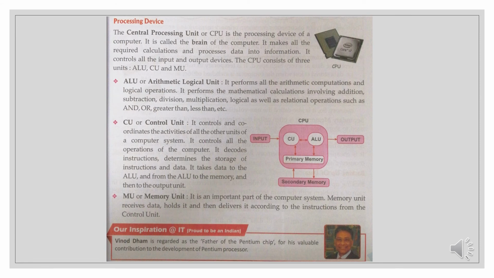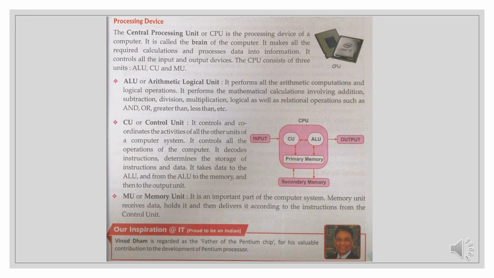Control unit controls and coordinates the activities of all the other units of a computer system. It controls all the operations of the computer, decodes instructions, and determines the storage of instructions and data.